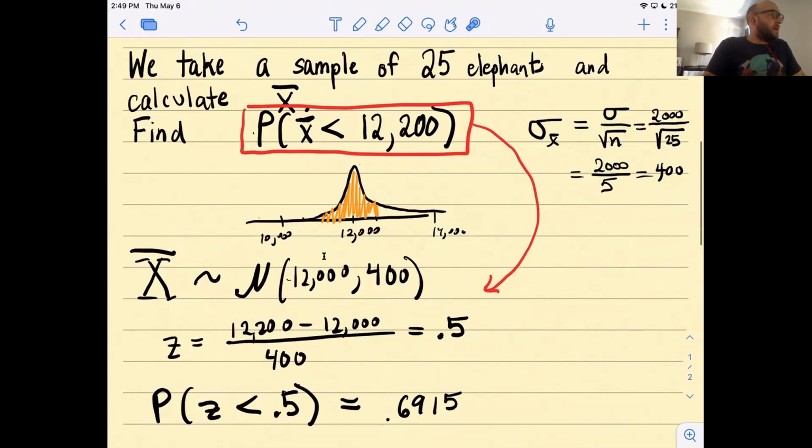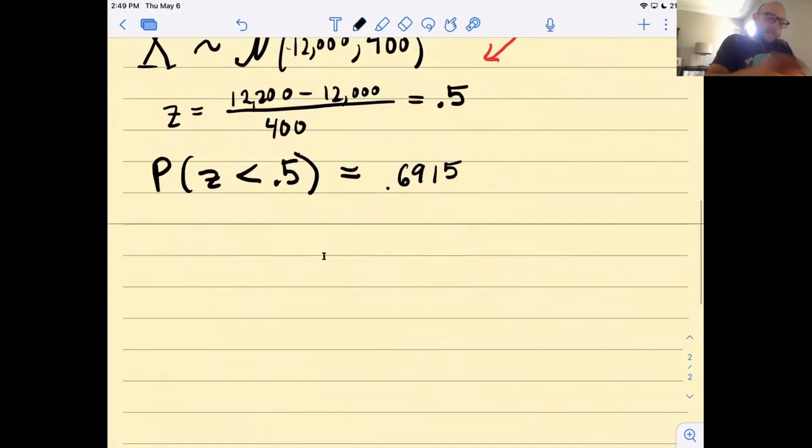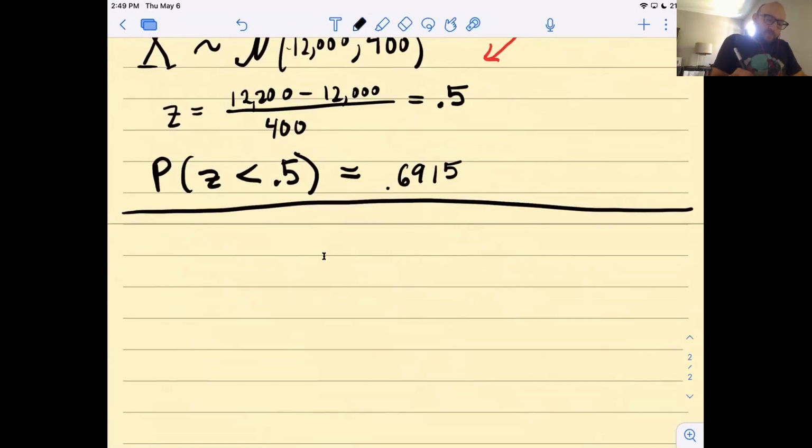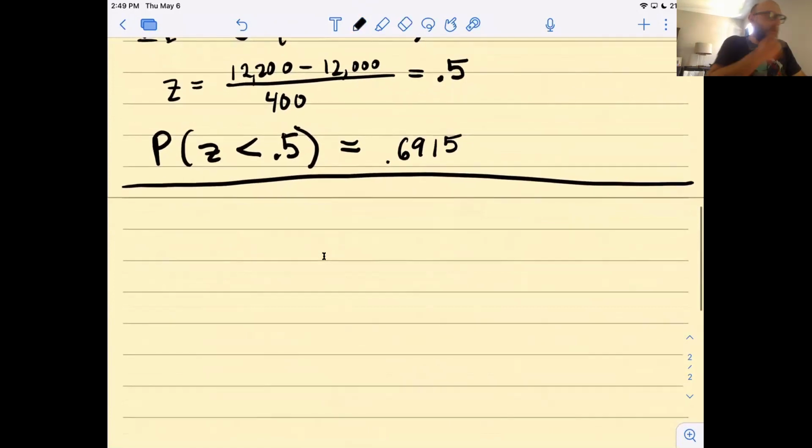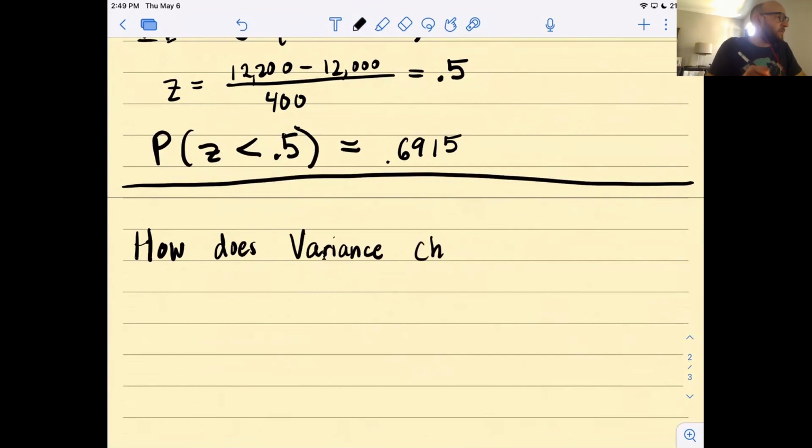So what we're going to talk about now is this idea of how does variance change when you scale a random variable.